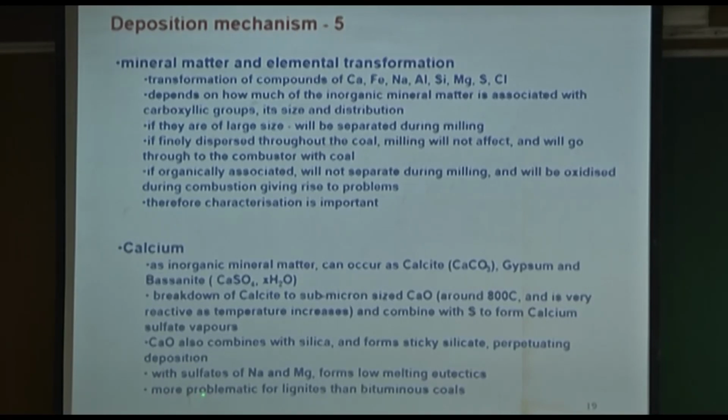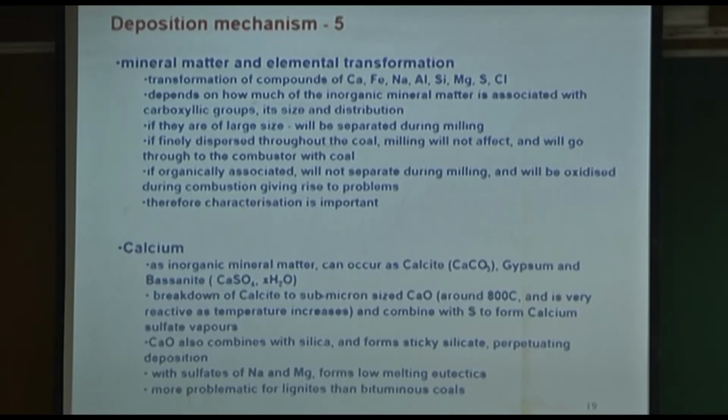It can also create problems together with the sulfates of sodium and magnesium, forming low melting eutectics. Sodium sulfate, I think, melts at about 880 something degrees centigrade, so a very low temperature. Calcium sulfate alone melts at much higher than that.